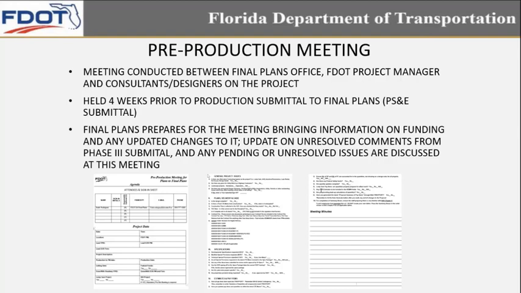Plans are prepared for the meeting, with information about funding, updated changes, and any unresolved comments from the Phase 3. The tips that we spoke about for an effective meeting earlier: have the information available, and not just the final product information, but all information that went into it, of certain commitments or unresolved items and why they are left unresolved.